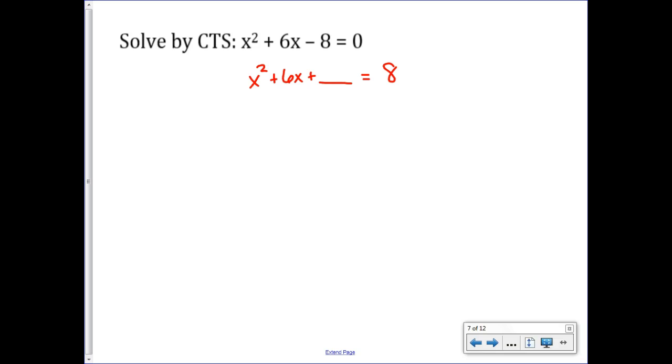So I have a positive 8 on the right, and then I need to add that same constant in on the left. You don't have to do it that way, but that helps me. So now I take my b value of 6, I divide it by 2, and I'm going to square it. So 6 divided by 2 is 3, and it's still squared, so 9 is what goes in that blank.